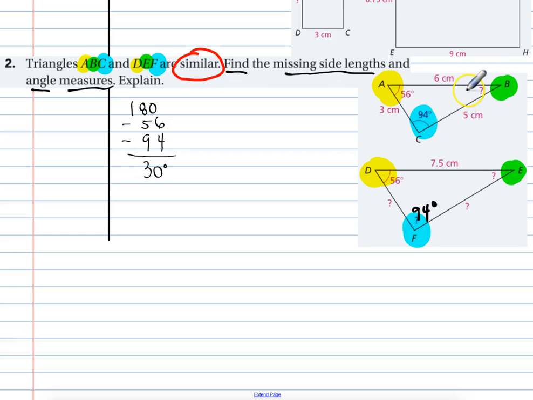So we now know that this is 30, and since these two are the same, these are also 30 degrees. Alright, so we got our missing angles done.